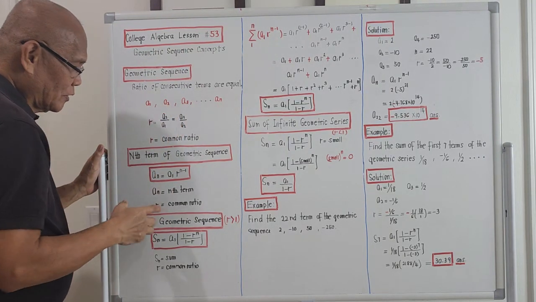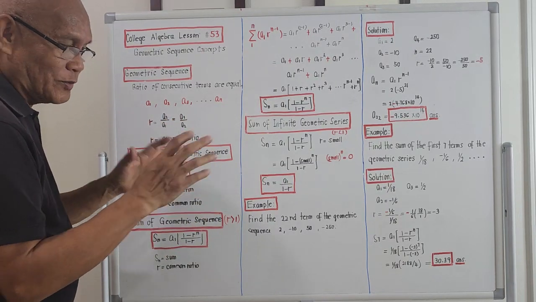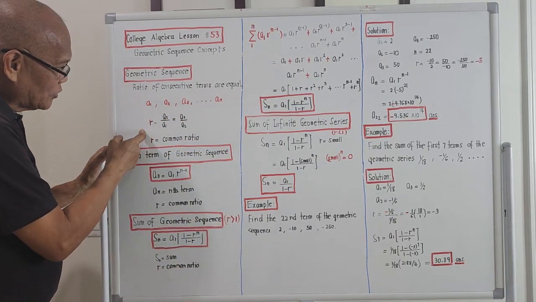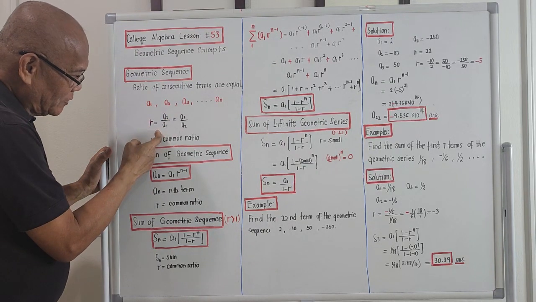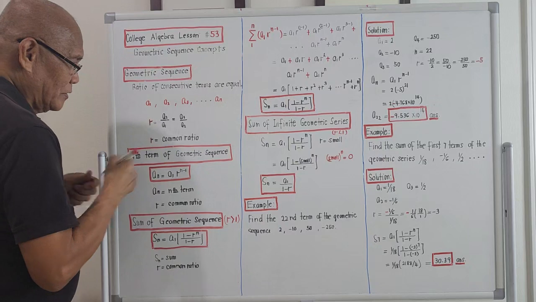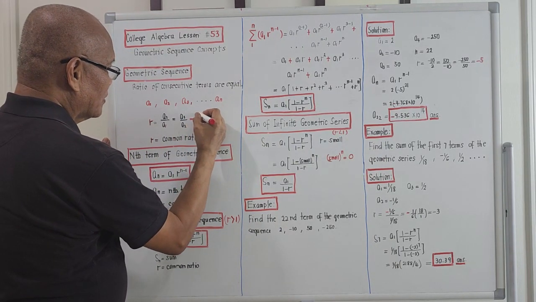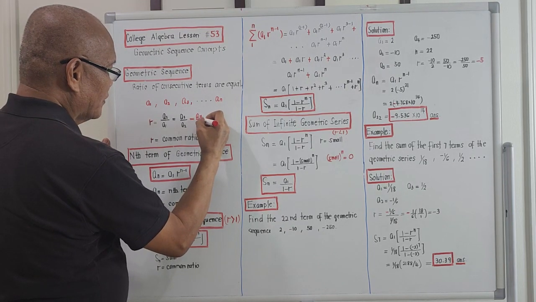over the second term. So meaning to say, for the sequence to be called geometric, if we take the ratio A2 over A1, this should be equal to A3 over A2. And this should be A4 over A3.